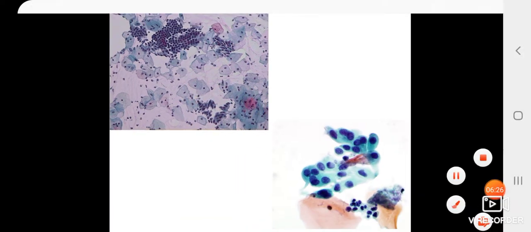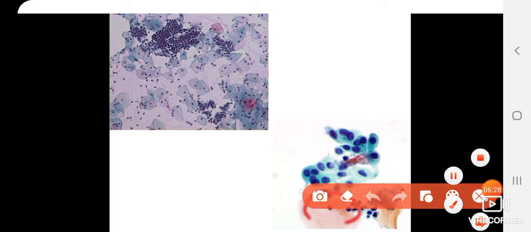This is a high-power microscopic finding in which you can again see this bluish area is mainly because of hematoxylin. Here in the lower area you have this pinkish or orangish color, mainly because of orange G and eosin.